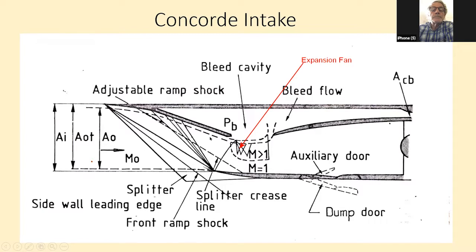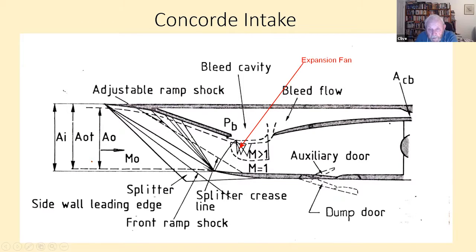The flow is decelerated here and further decelerated by these shocks, and they're all arranged to come together just ahead of the actual cowl lip. The cowl lip itself then, because the flow is still supersonic at this point, and the flow is actually coming on to the cowl lip at that sort of an angle, generates its own shock, which comes up there.